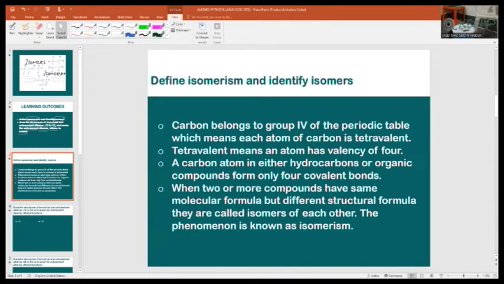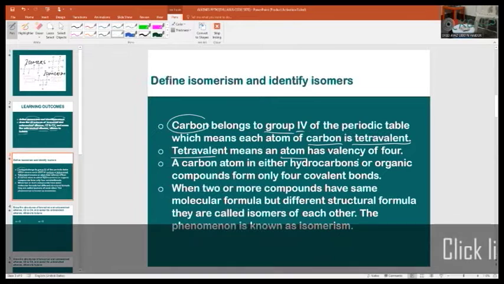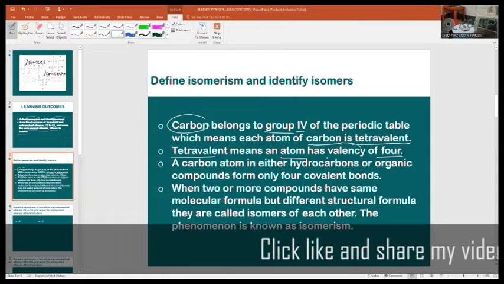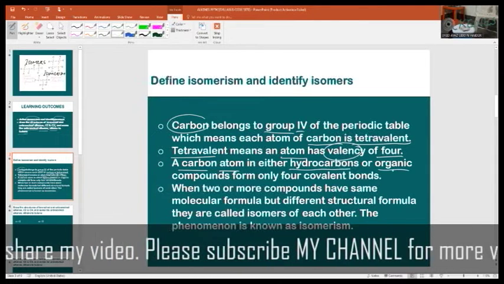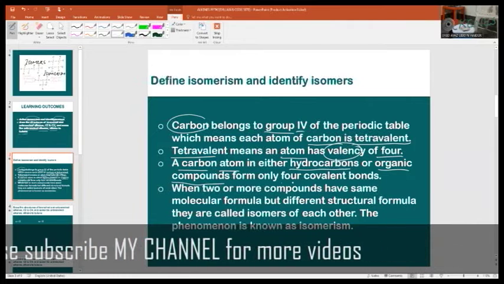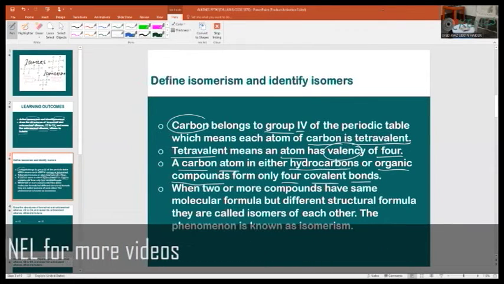We have to recall a few things before proceeding. Carbon belongs to group 4 of the periodic table, which means each atom of carbon is tetravalent. Tetravalent means an atom has a valency of 4. A carbon atom in either hydrocarbons or organic compounds forms only 4 covalent bonds.